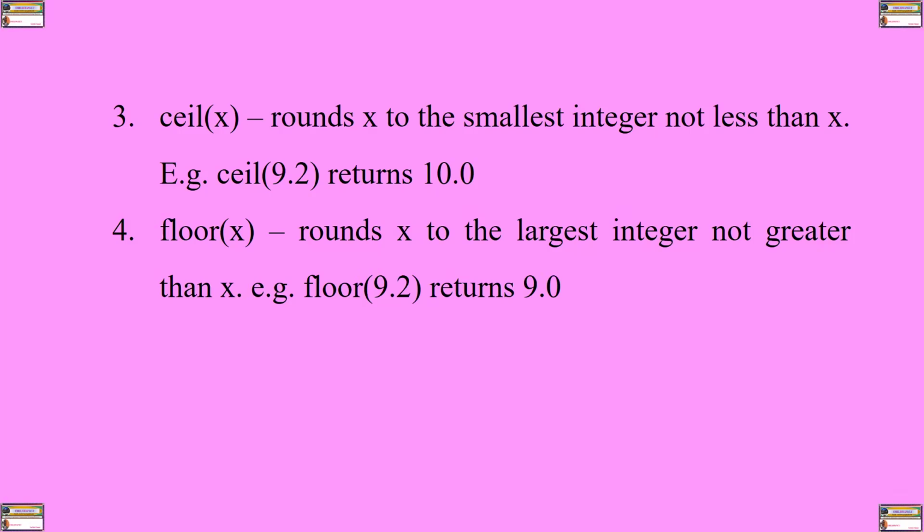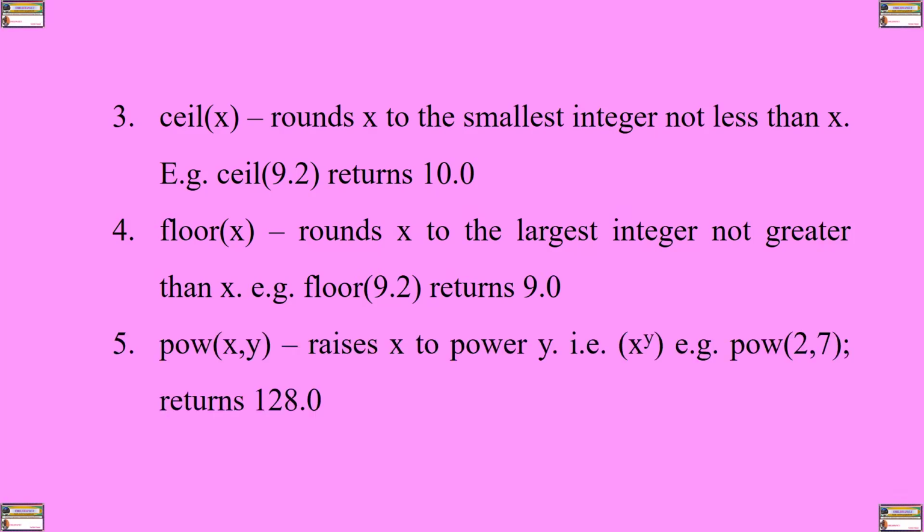If you pass variable x into the function called floor, what it will do is round the value passed into it to the largest integer that is not greater than the value passed into it. For example, if you pass 9.2 to the function called floor, it will return 9.0.